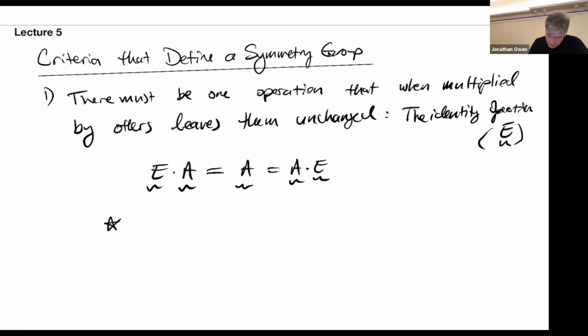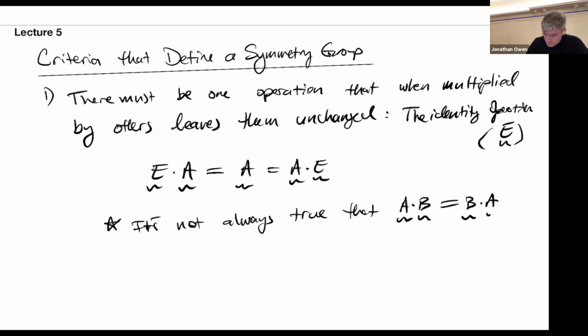Turns out, however, it's not always the case that changing the order is true. In other words, if you have two operations, you can't always flip the order and get the same result. Not all operations, when done in sequence, will give you the same result if you change that order.